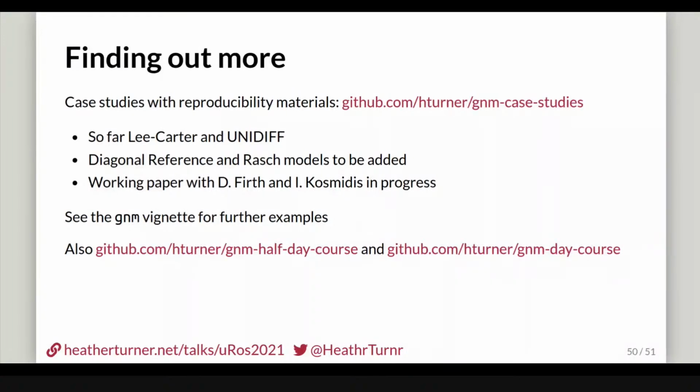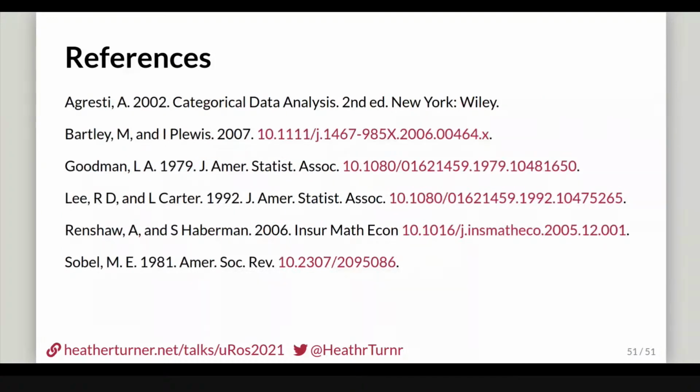And some of them are also covered in a half-day course and a day course that I've given on GNM, which again you can find on my GitHub if you want a bit more support going through the examples and some exercises if you want to work through those. And that's it. Those are the references I had, if you want to find out more about those particular examples or models. Thank you very much.